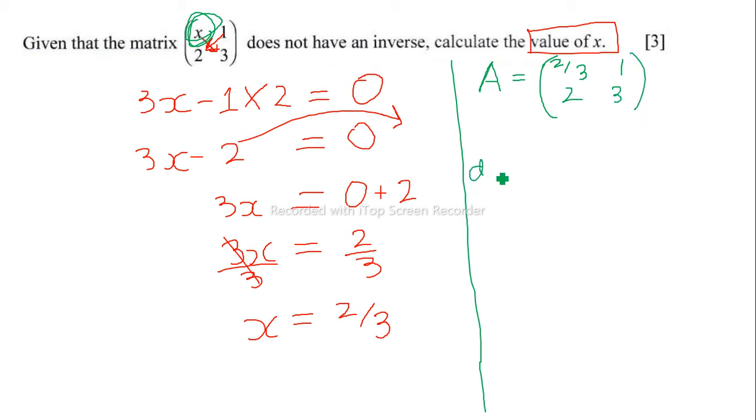What is the determinant of A? Determinant of A is going to be equal to 2 times 2 over 3 times 3 minus 2 times 1. Good. Minus 2 times 1 or 1 times 2.